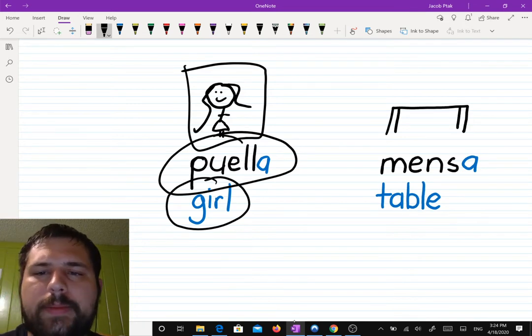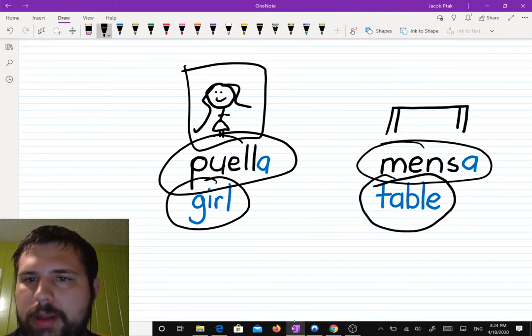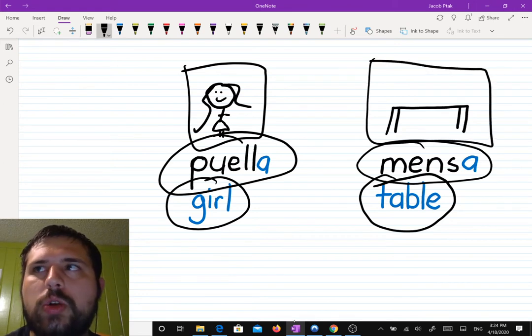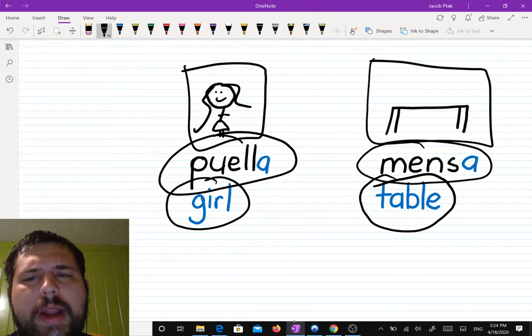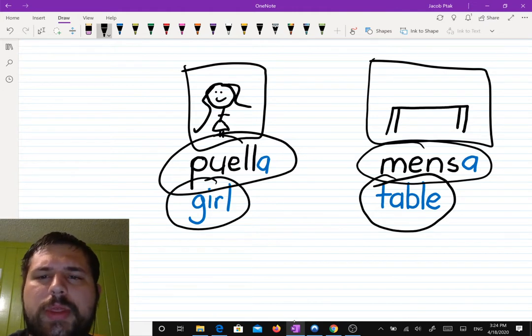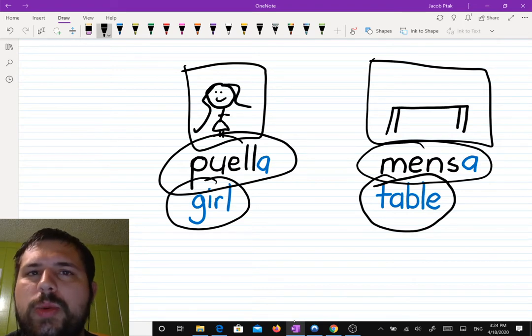On the right, you have mensa, which means in English, of course, table, along with some wonderful artwork. Now, you're probably already saying to me, you know these words already. Well, I'm going to do a few things with these words. First, let's take them and put them into a sentence.